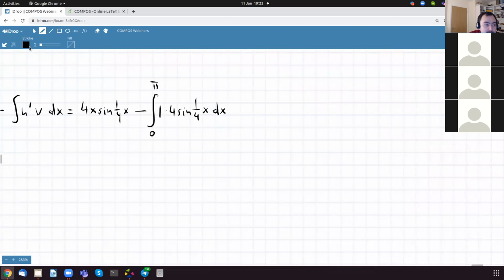Okay, so 4 we can take out, and we need to integrate sine 1/4 of x. So we leave the first bit as it is, 4x sine 1/4 x minus.